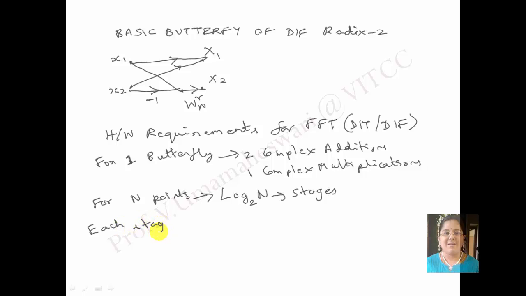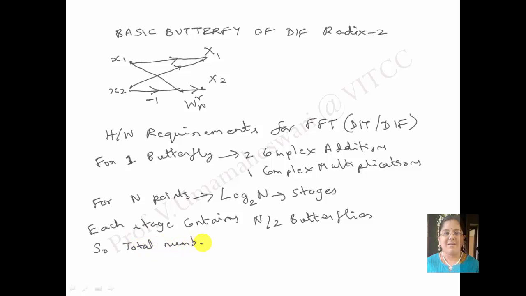Okay, now how many butterflies are there in each stage? Each stage contains N by 2 butterflies. The same example can be used for N equals 8. For every stage you will have N by 2, that is 4 butterflies coming into picture.